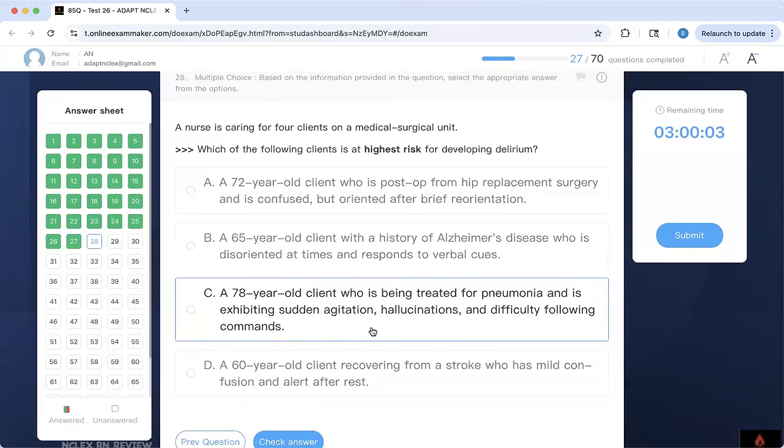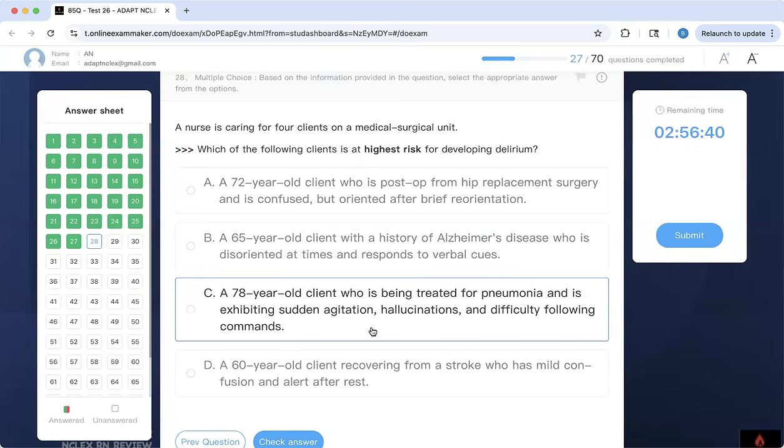And this is caring for clients in the med-surg unit. Which of the clients is at highest risk of developing delirium? This is a psychology, mental health question. This is caring for 4 clients on the med-surg unit. Which of the following clients is at highest risk of delirium? A 72-year-old client who is post-op from hip surgery and is confused but oriented after brief reorientation.